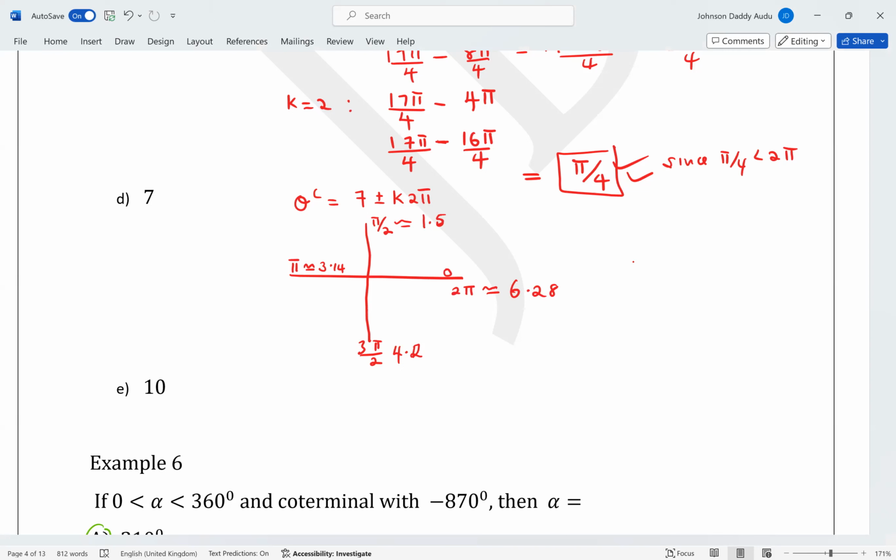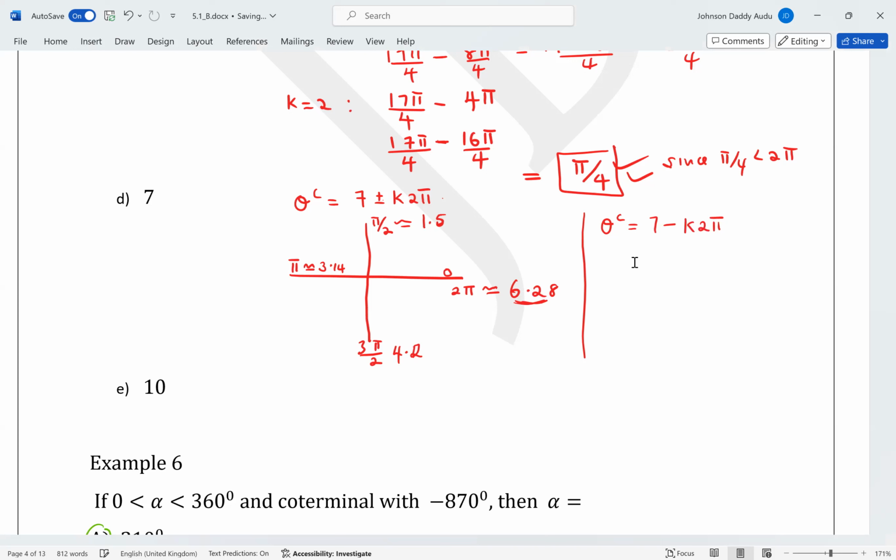But this is 7. So you can see 7 is already greater than what? 6.2. So simply means that this number here, we need to remove from it. So we are going to have that the coterminal is going to be 7 minus k2 pi.